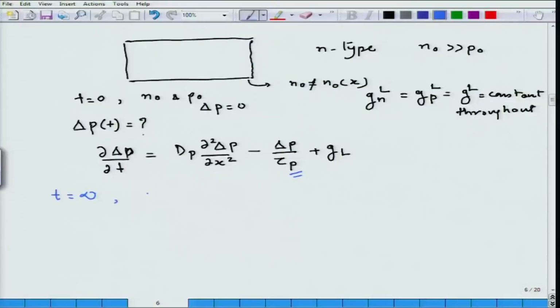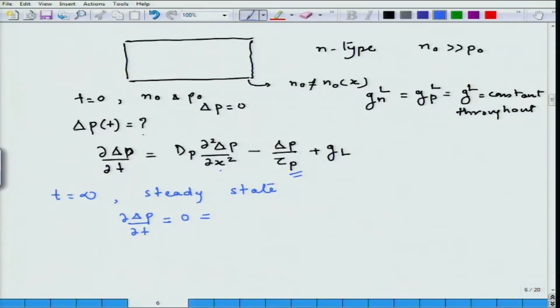So, if I look at that situation in a steady state, t equal to infinity, basically I am saying this is going to be 0. So, there is no change with time in a steady state. What is happening to the first term here?